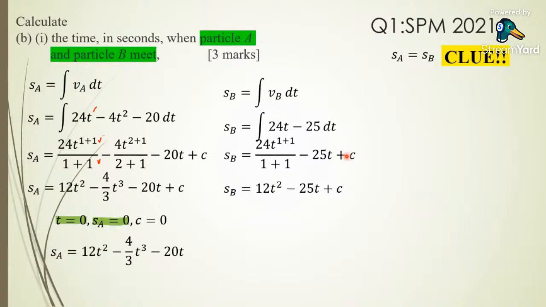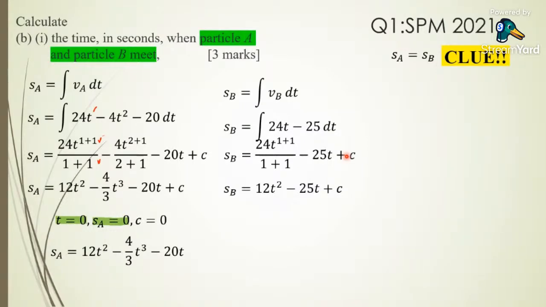Okay. So before I move on to another slide, let me recap this slide sebab dia panjang. Okay, so this is to find the time in seconds when particle A and particle B meet. So this is the clue. You have to identify the clue. So clue dia ialah SA, displacement for A must be equals to displacement for B. So kita ada two parts.